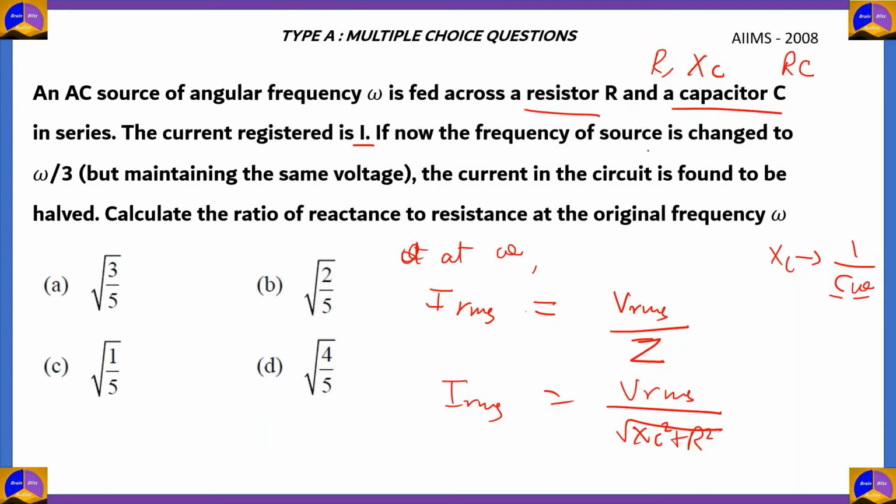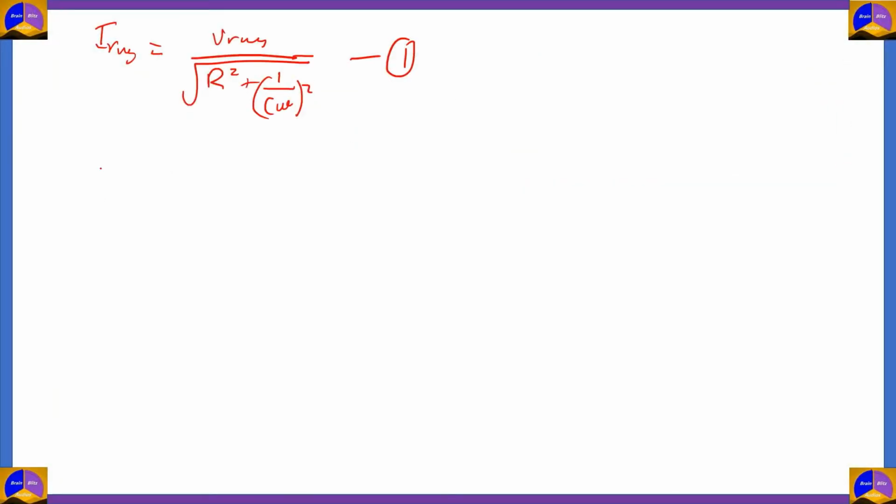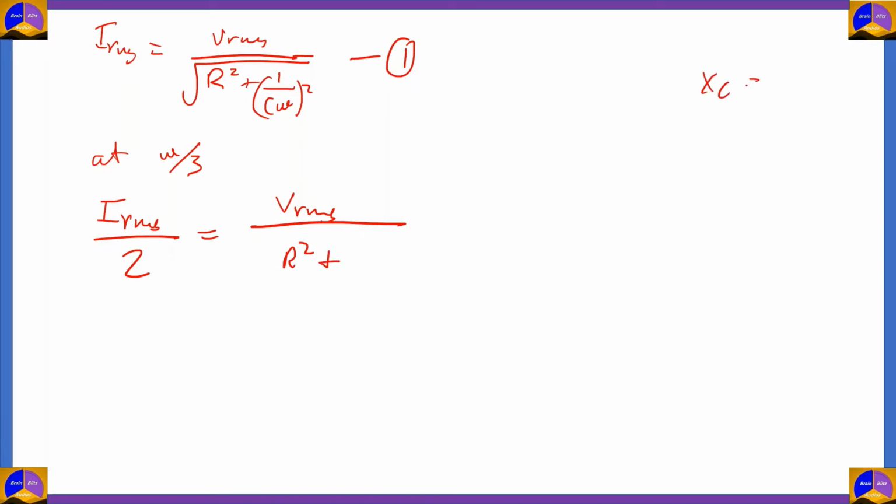The next condition is that if the frequency is changed to omega by 3, now the angular frequency will be omega by 3, the current in the circuit is found to be halved. So therefore, at frequency omega by 3, the value of the current will be IRMS divided by 2, which will be equal to VRMS divided by the root of R square plus capacitive reactance, which here will be 1 by C into omega by 3, which is equal to 3 by C omega.